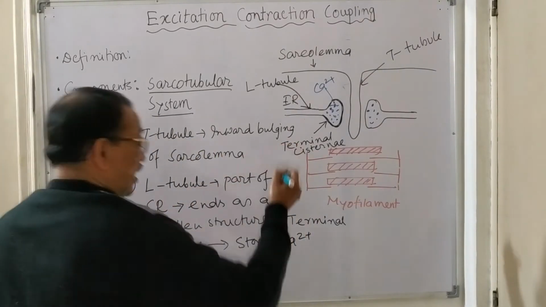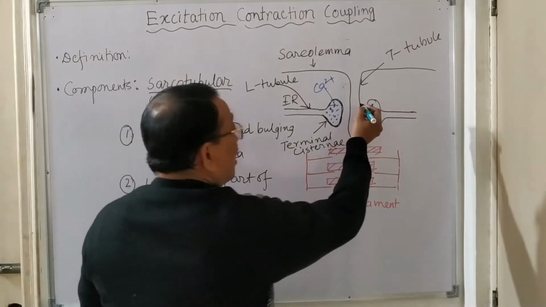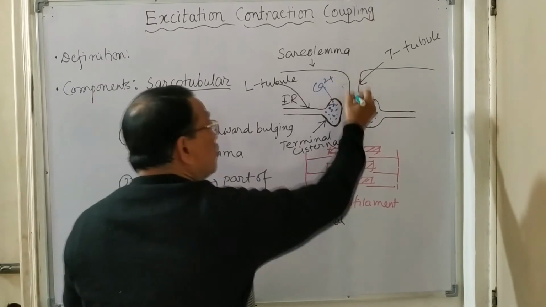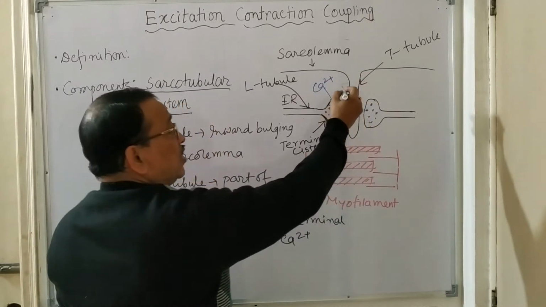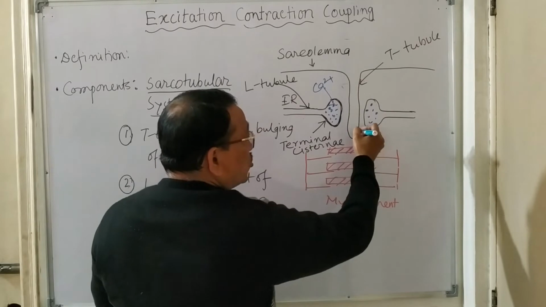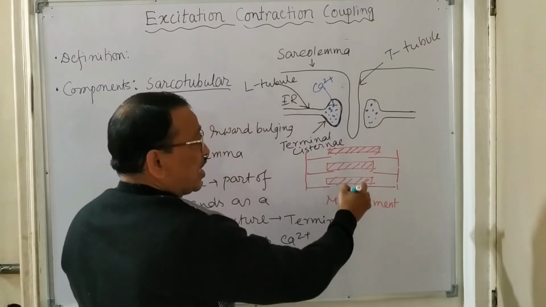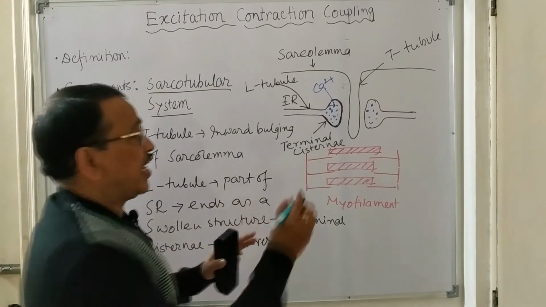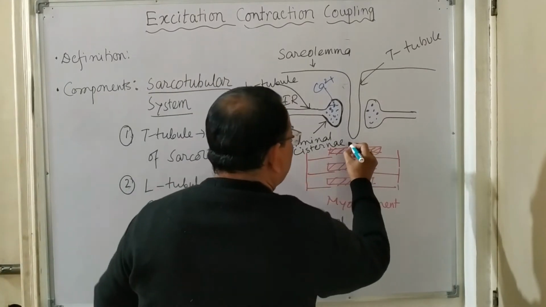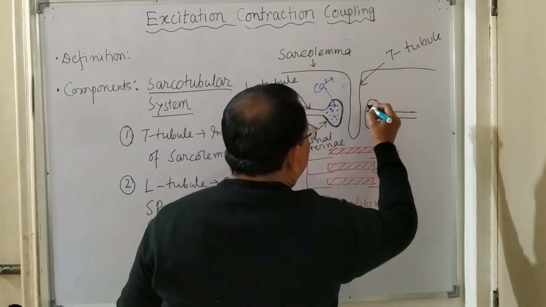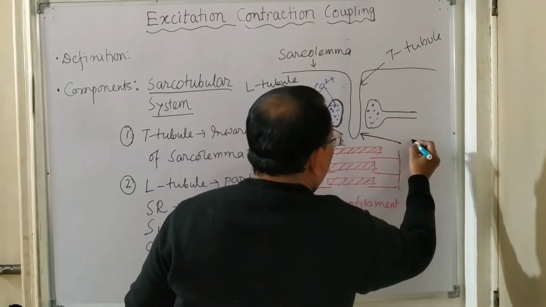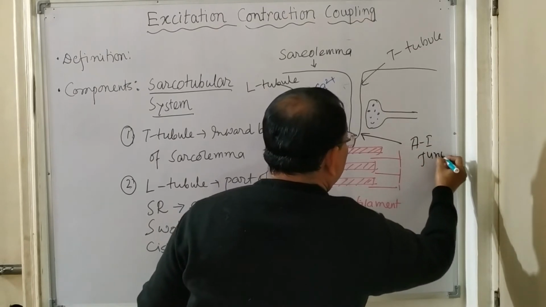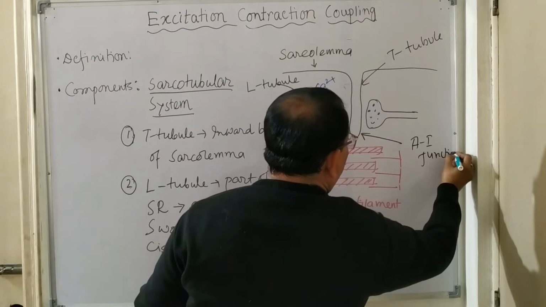And here you see this T-tubule invaginates towards the myofilaments at the AI junction.